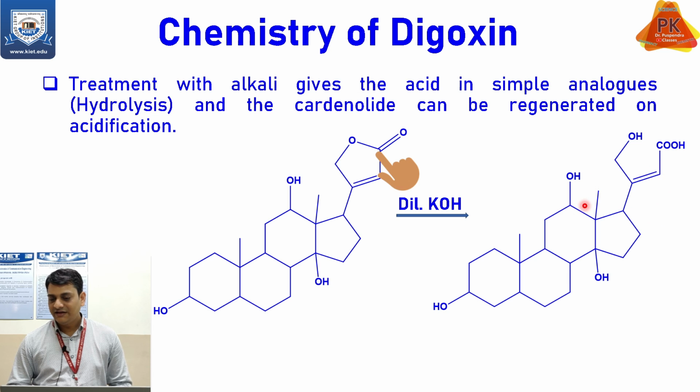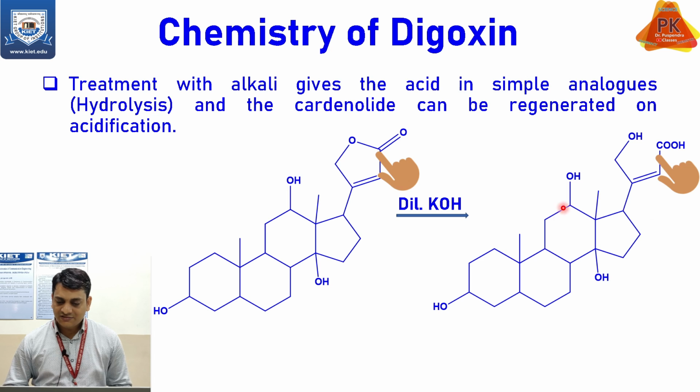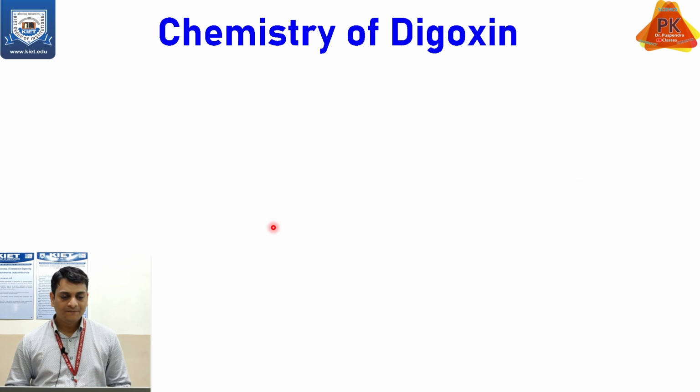This is the acidic analog. Here you can see that COOH is present, which means it is acidic in nature. And if it is reversed, means if this structure is treated with acid, then the cardenolide will be regenerated, means again it will form the structure of digoxin. Now coming to the next step.